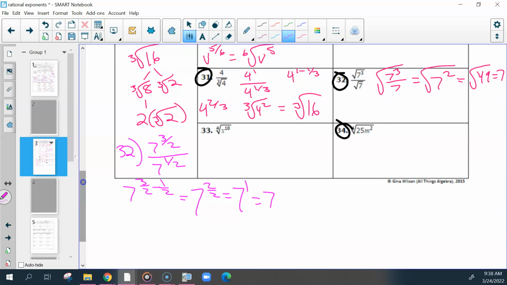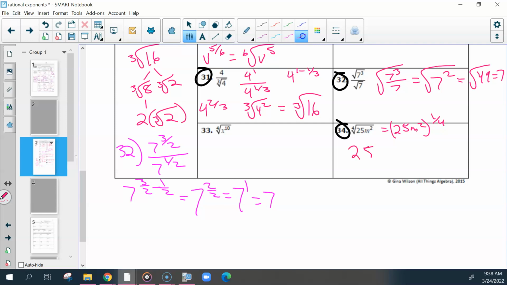For this last one, I'm going to change this to exponent form first. We have 25m squared to the 1/4. We would multiply our exponents.